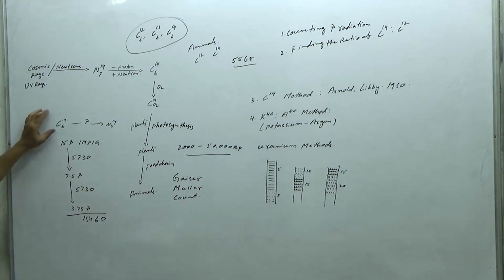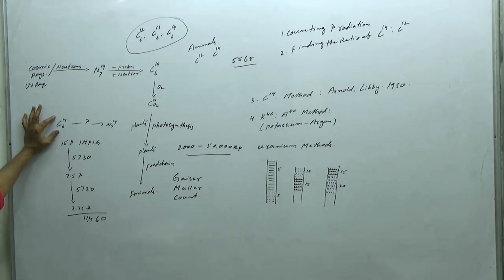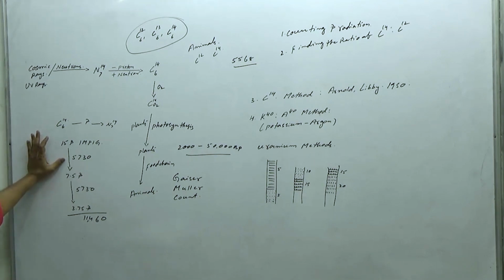Next, the fresh bone or muscle releases 15 beta radiations per 1 minute per 1 gram of material.